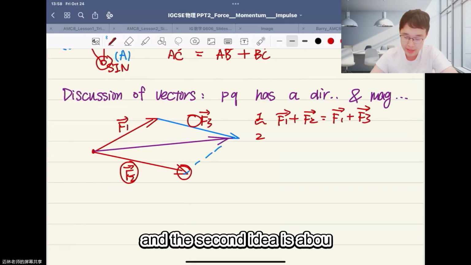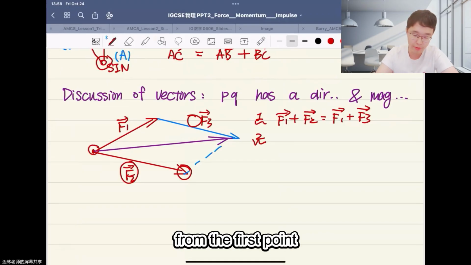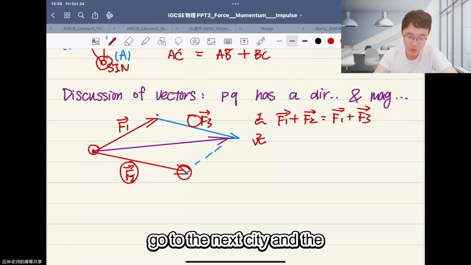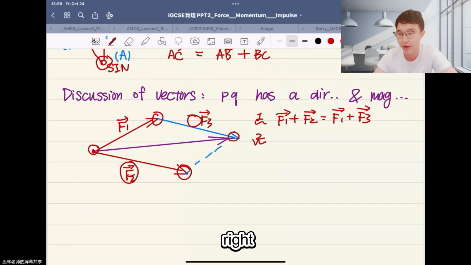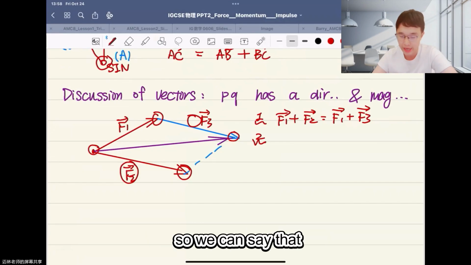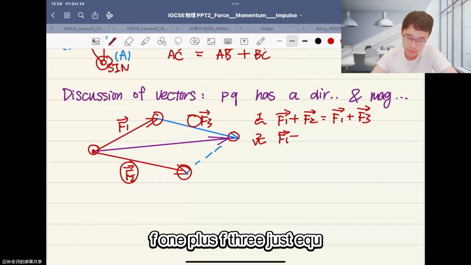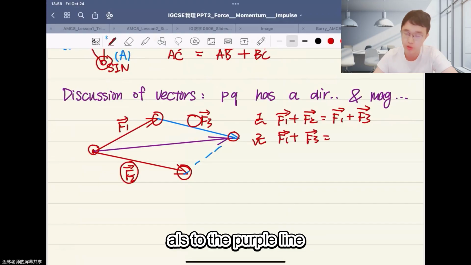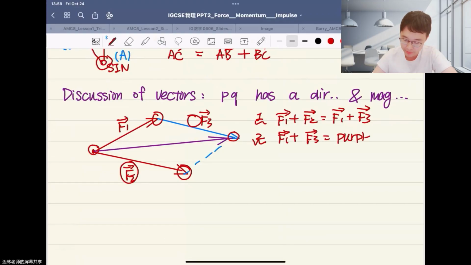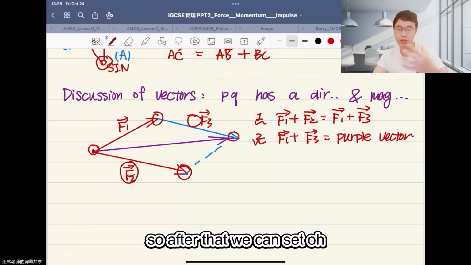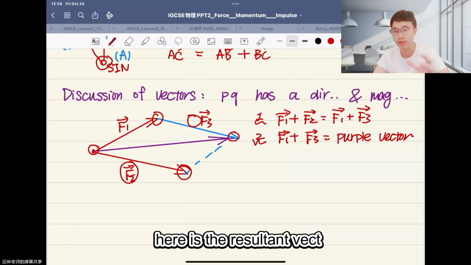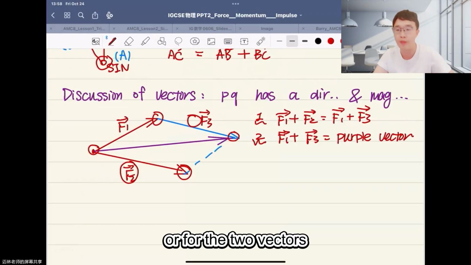The second idea is that going from the first point to the next city and then to the terminal equals going directly by plane, right? They have the same result. So we can say F1 plus F3 equals the purple line or purple vector, like this way. So here is the resultant vector for the two vectors, okay?